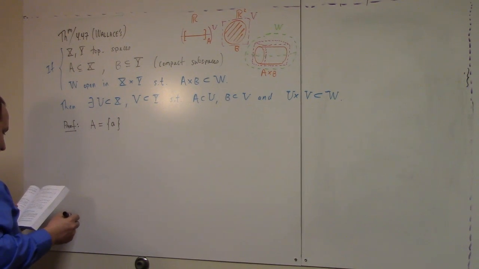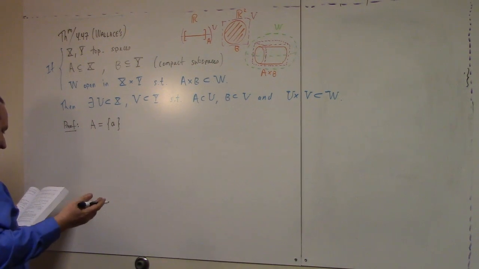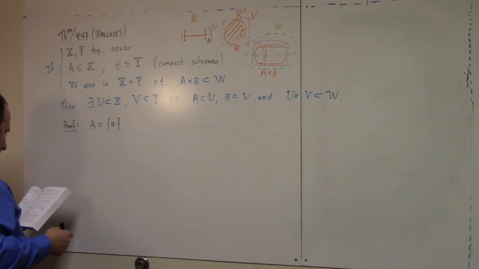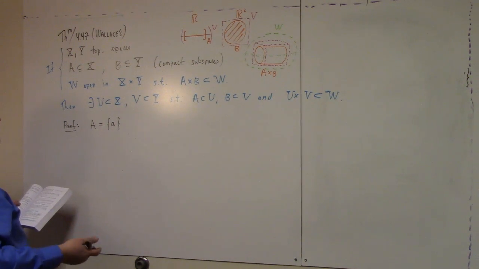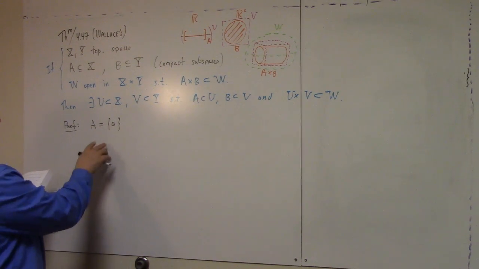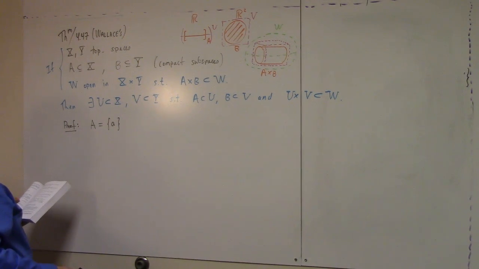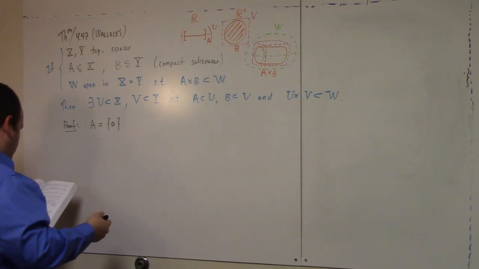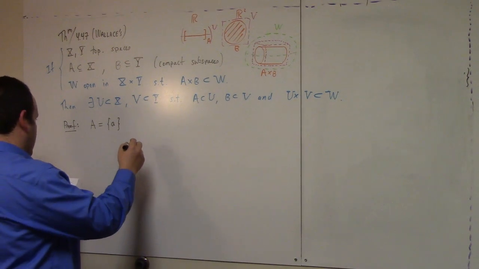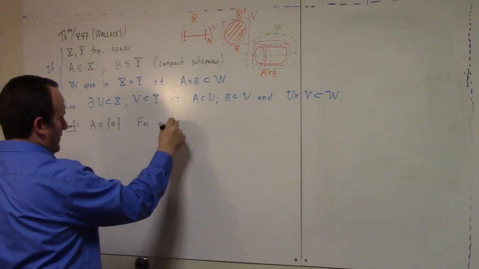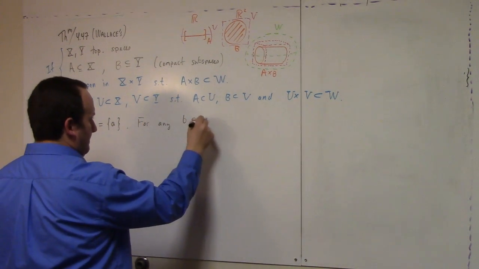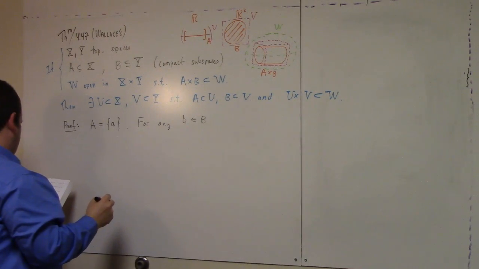So here, where are we? I don't know. Why is he looking at a point? For any b in B, there exist two open sets. So what are we assuming? X and Y topological spaces. A is this. All right. I'll keep going. He says for any b in B, there exist two open sets.